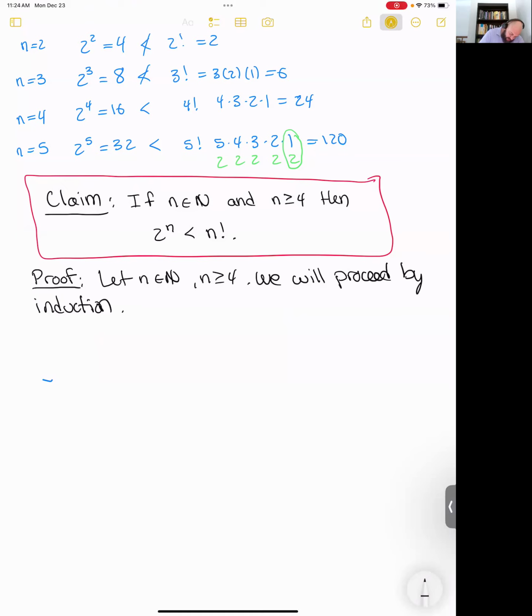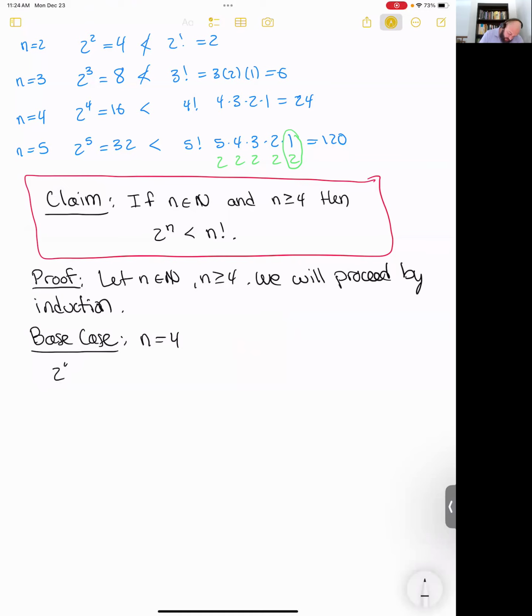So the base case is n equals 4, right? We'll see some subtle examples later on, but a lot of times the base case is clear. In this case, we've stated it so that we hopefully see that the base case is 4, because that's where you have to start.